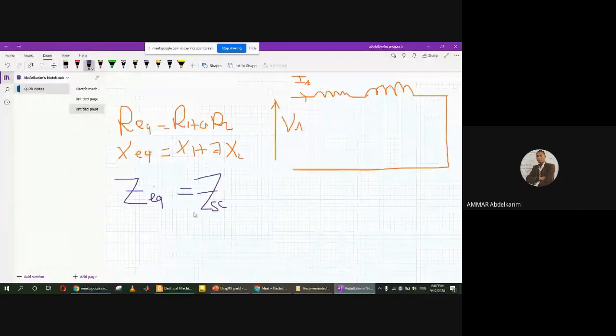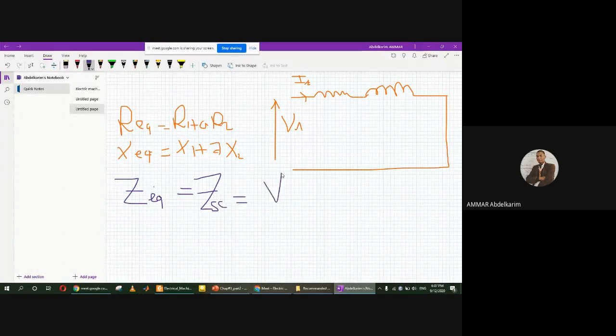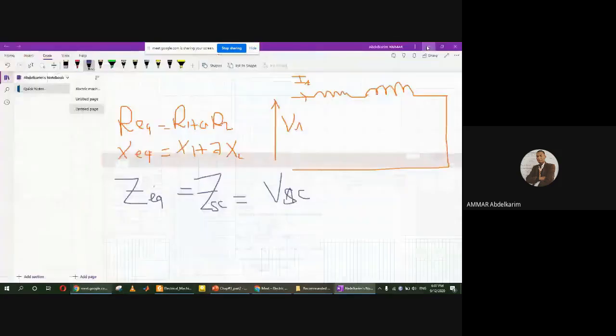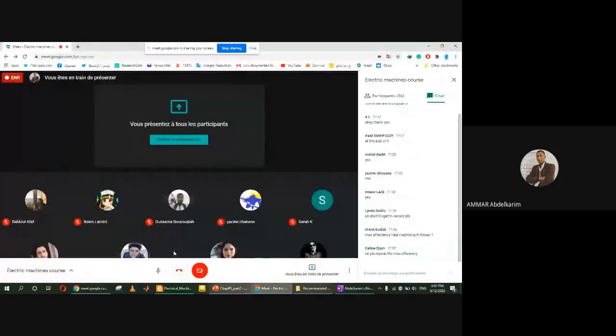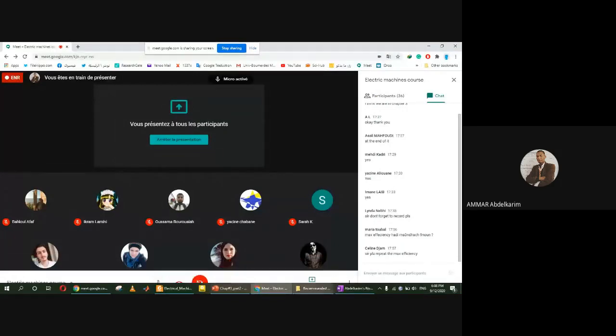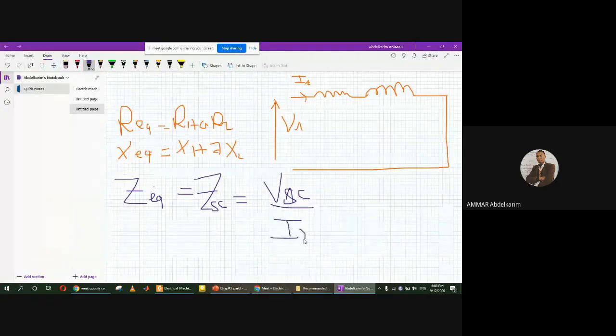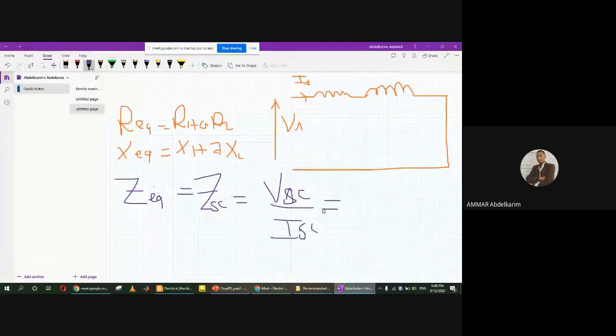This is the internal impedance of the transformer, and equals to V short circuit over I short circuit.